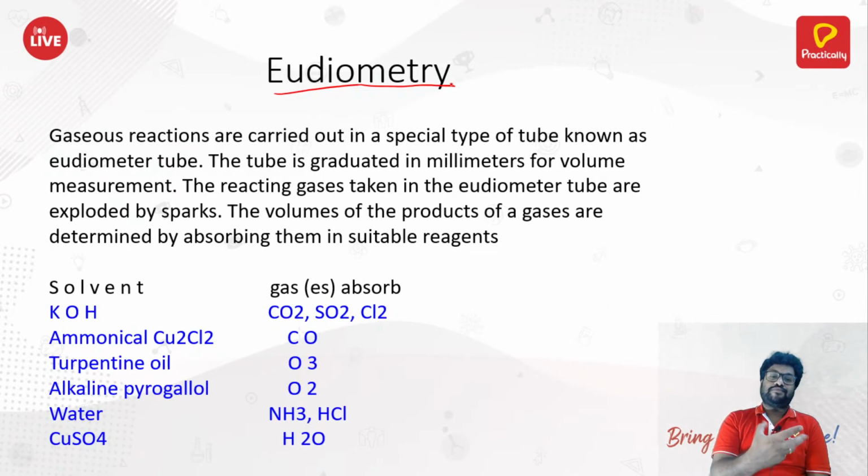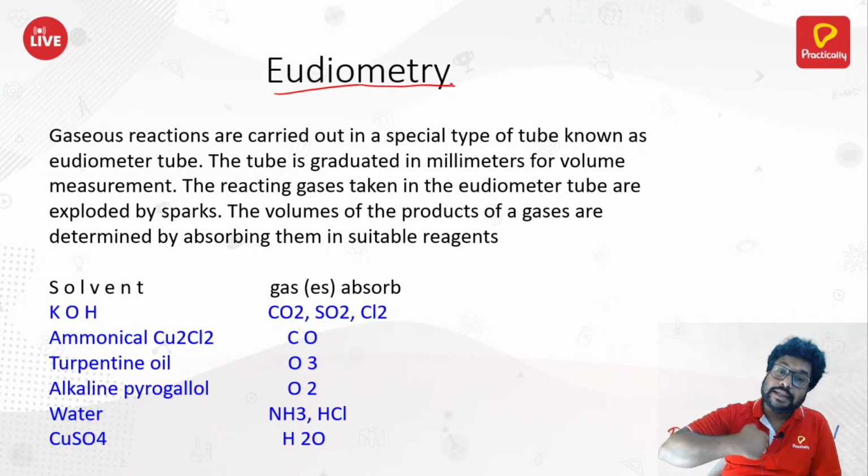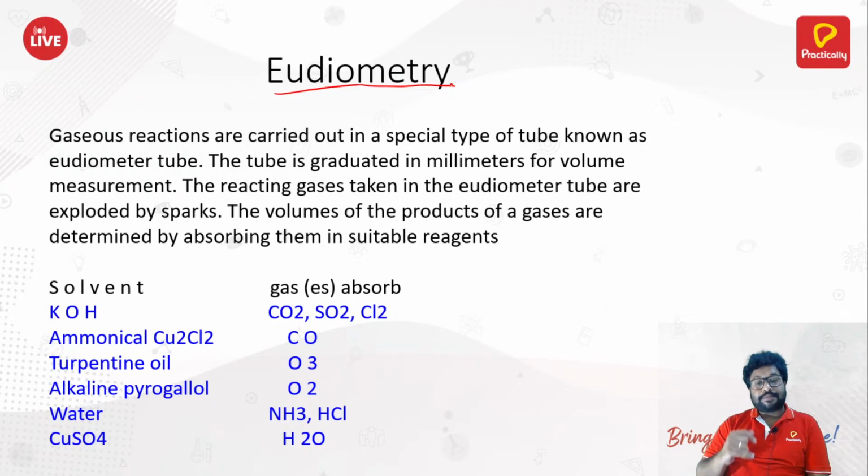In that combustion, your gaseous reactants react with each other to release different gases, and those gases are then absorbed. Because in a general reaction, when gases evolve they escape into the atmosphere, and you will never know how much gas escaped, so it is difficult to find the mole ratio.